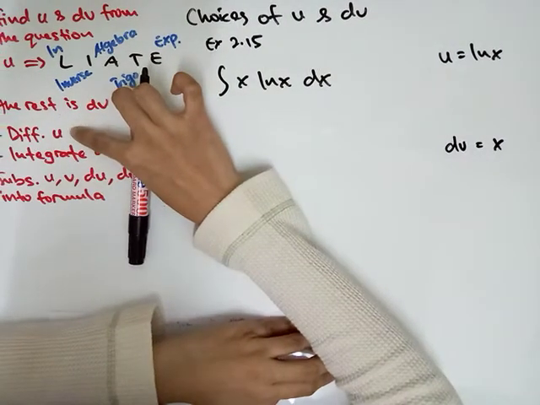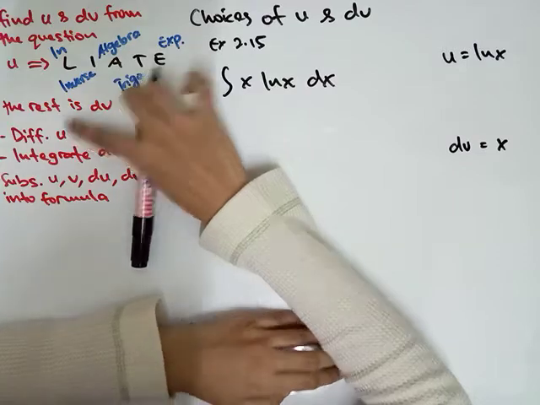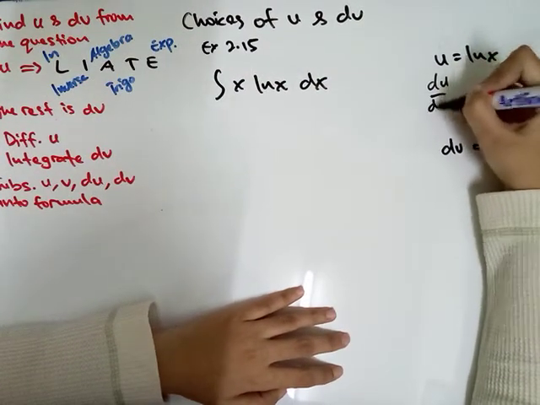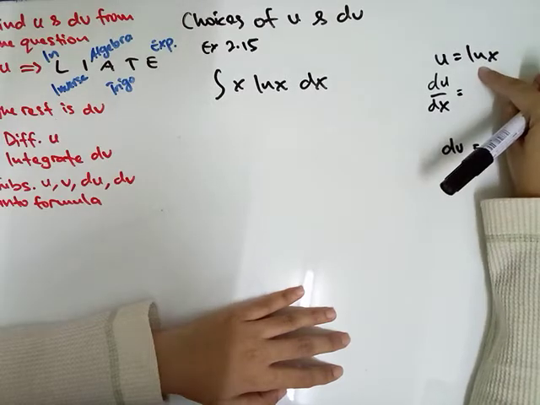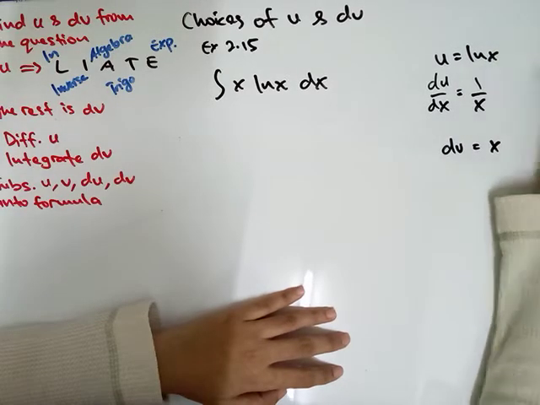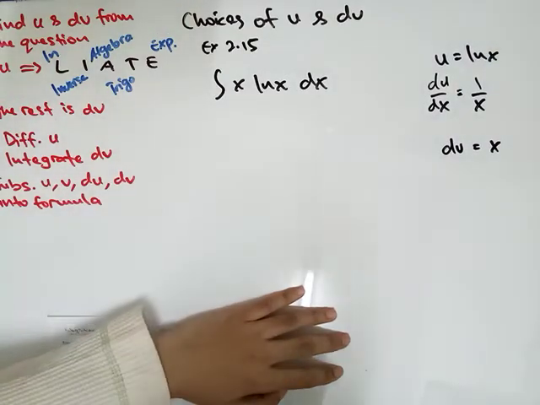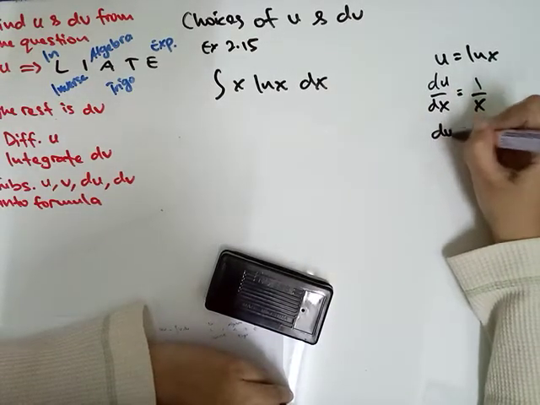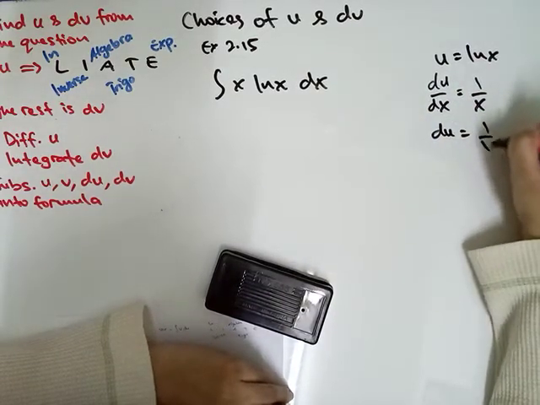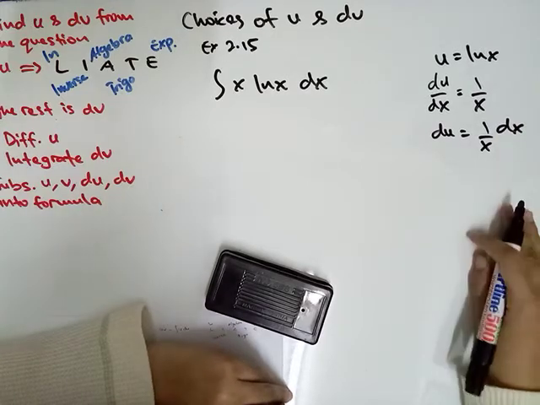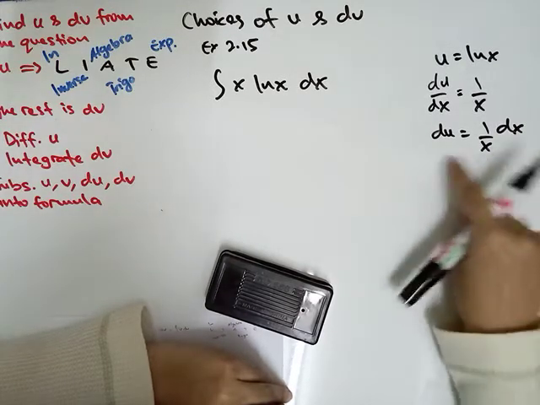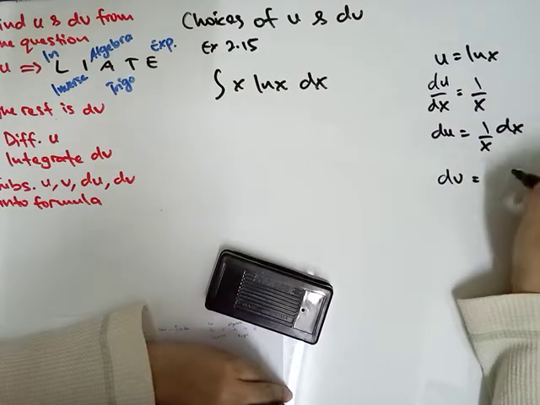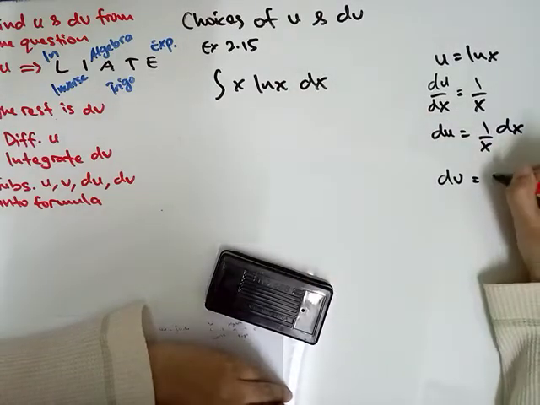Second step, you need to differentiate u. du over dx is equal to, differentiate ln x, we get 1 over x. And then we need to make du as a subject. du is equal to 1 over x dx. And then dv is equal to x.